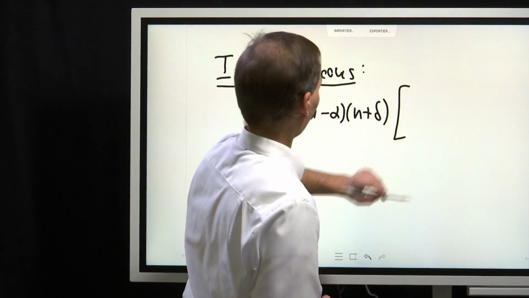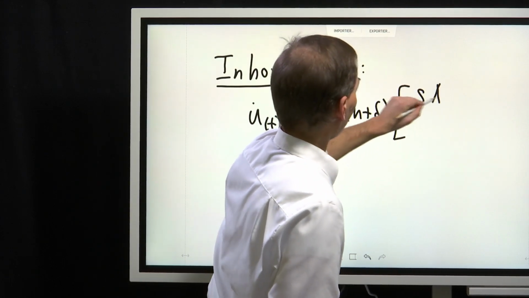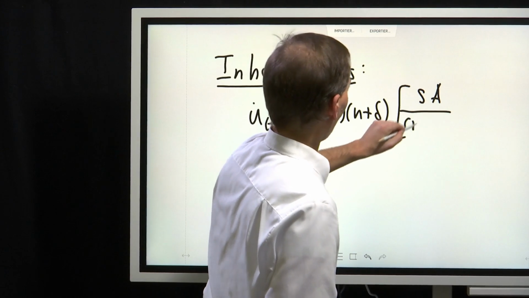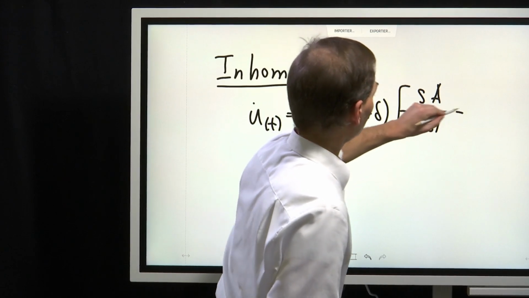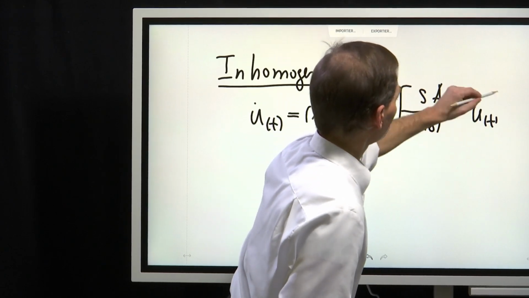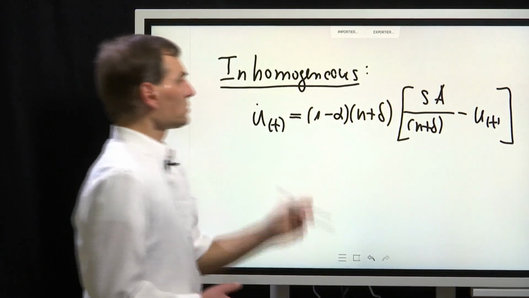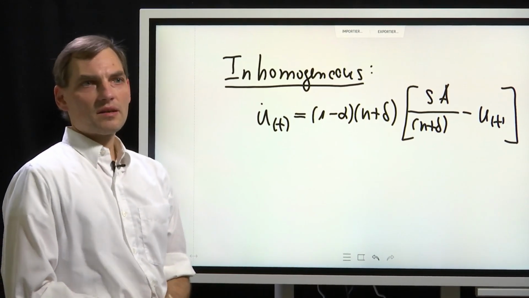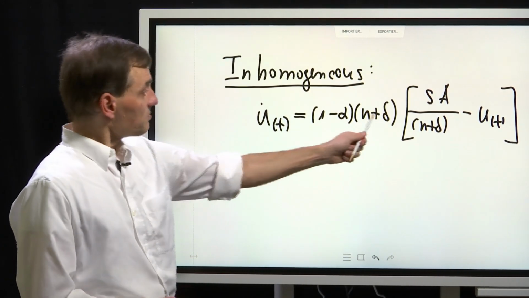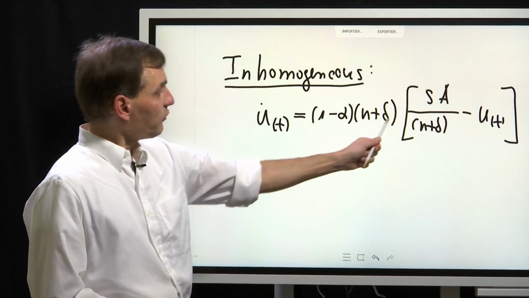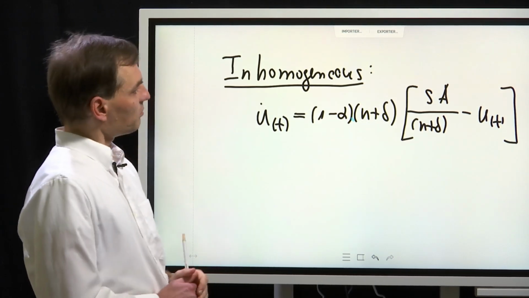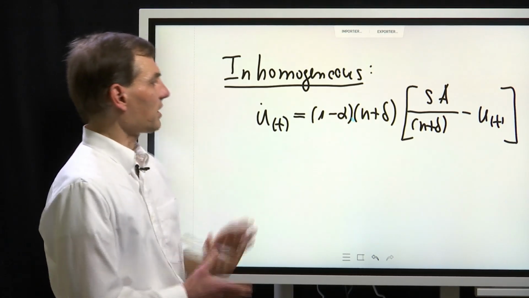And then we have here in the bracket s times a over n plus delta minus u of t. So this is the inhomogeneous differential equation of our problem, just by rewriting it and factoring out this term, n plus rho, out of the bracket.